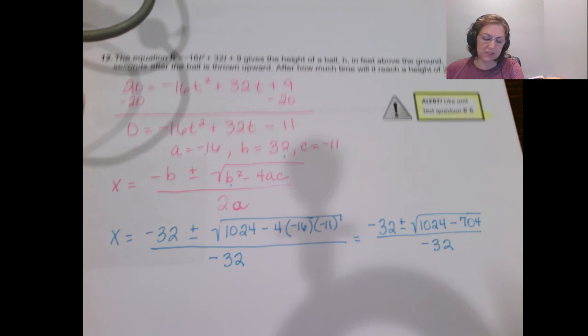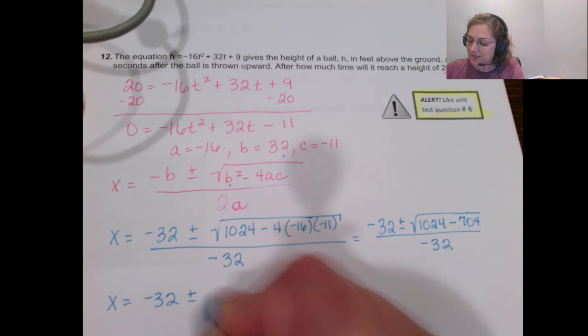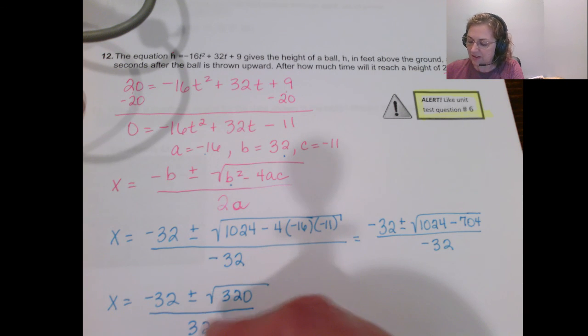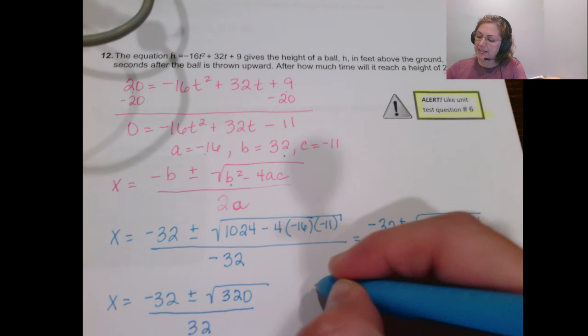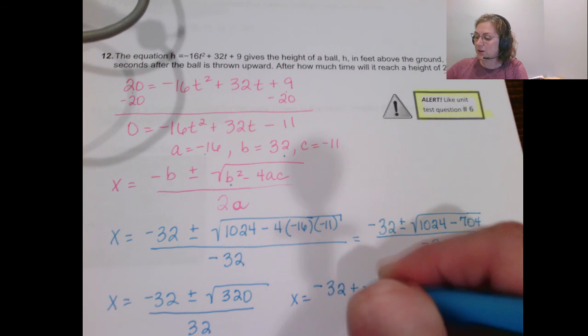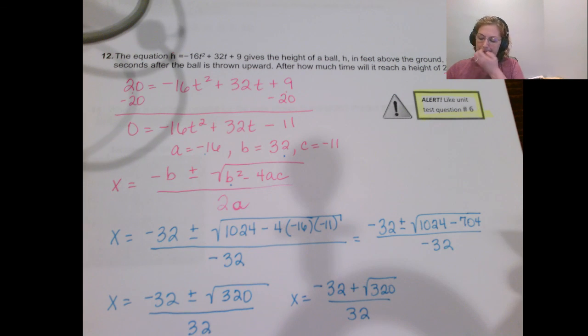All right, one more step to clean up all the way underneath that radical. So we'll do that subtraction. It looks like I've got 320. And this is where we're going to our calculator, right? I'm going to type in negative 32 plus the square root of 320 divided by 32.